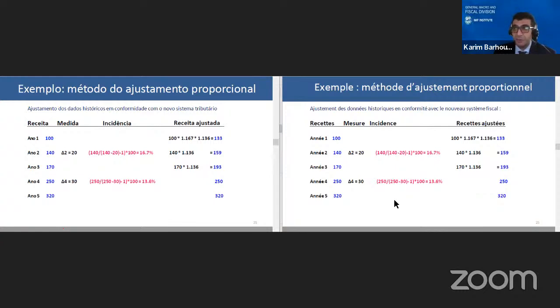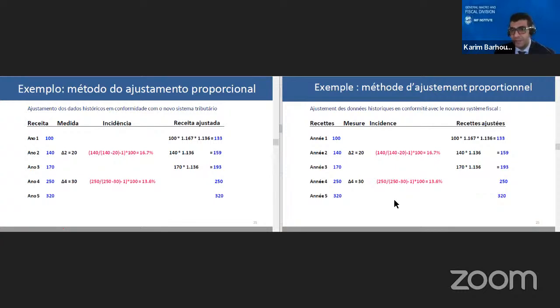This is the actual revenue, so the adjusted revenue will be 170 multiplied by the raise of revenue that was supposed to occur. Similarly, what happened here will be applied to year 2 as well, so we have a new adjusted revenue. And for year 1, what happened in year 3 and year 2 will be applied, and this gives us the adjusted revenue.